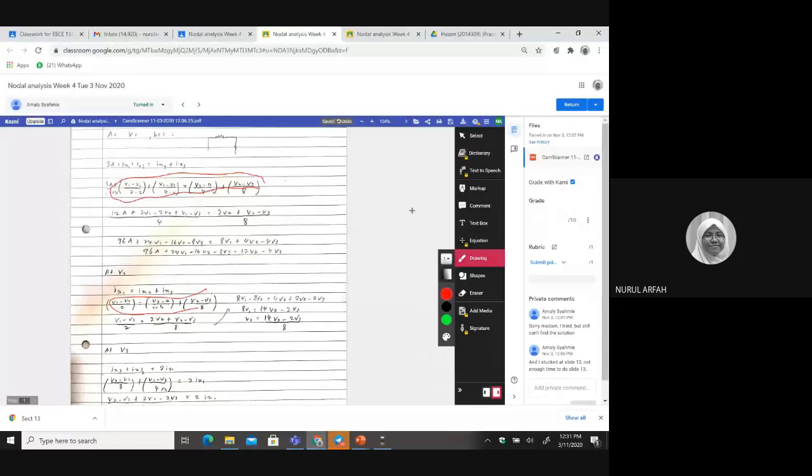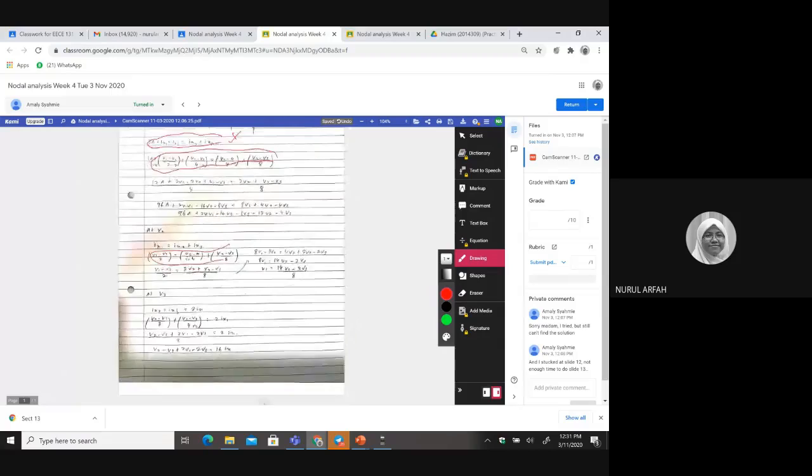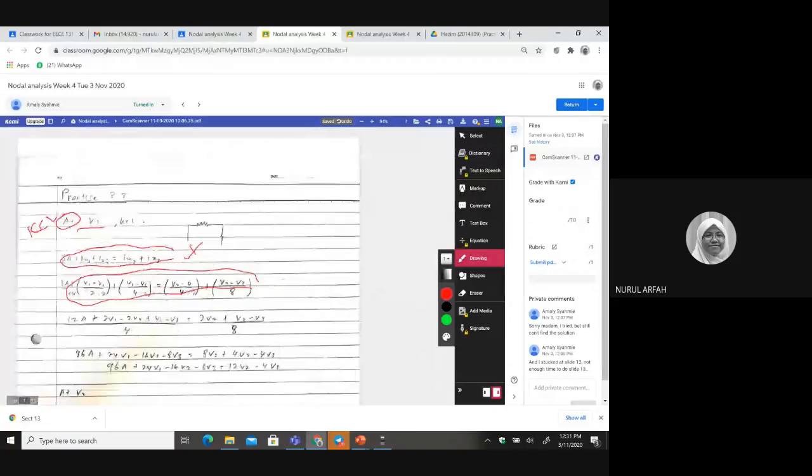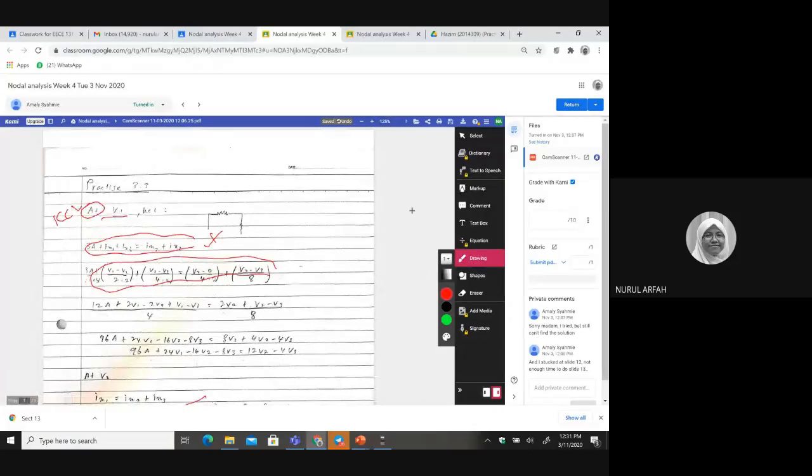Sometimes I will also check at V1, is it KCL or is it KVL? If you give me this right, I will give some marks, or if wrong, it's wrong. The figure is very important because from that figure, I know what you are trying to show me here.